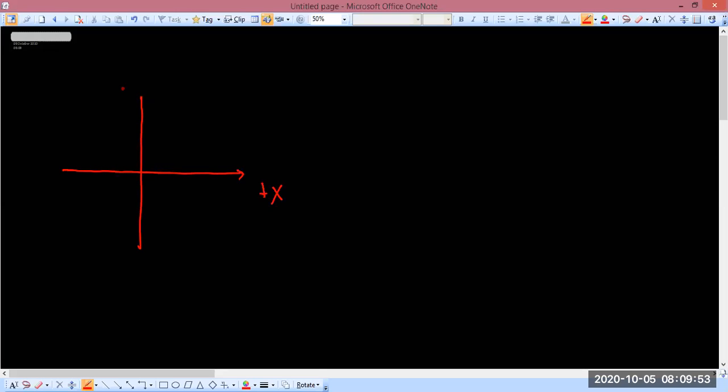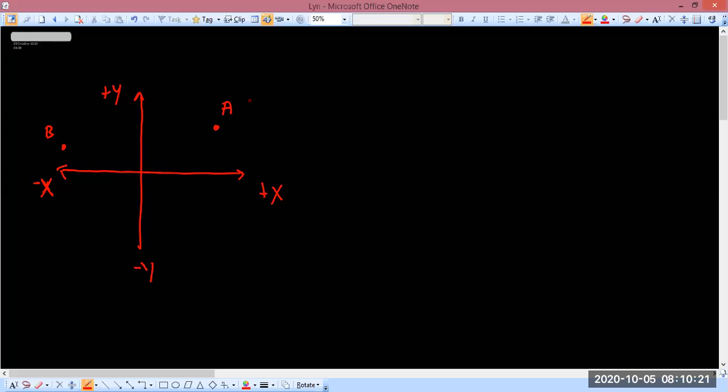So positive x, positive y, negative x and negative y, right? Okay, clear? So then suppose we draw one vector, let's say from this point A to suppose this point B here, right?